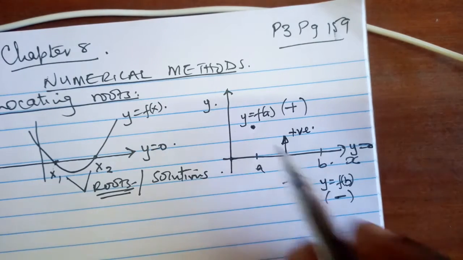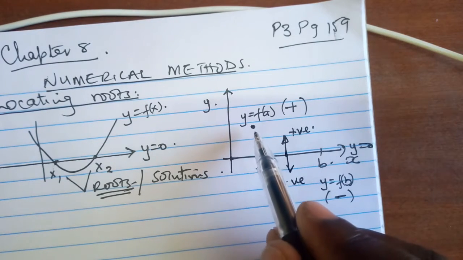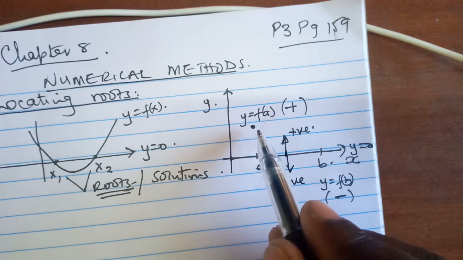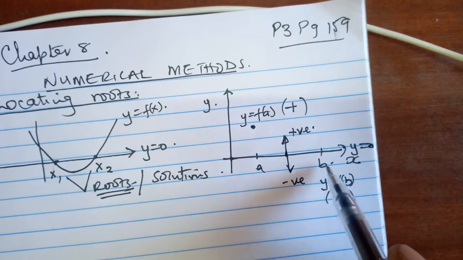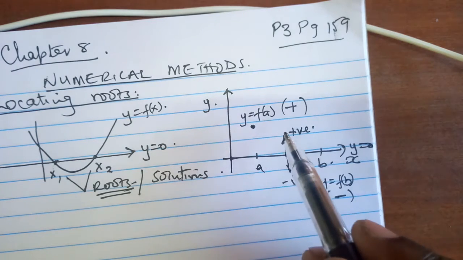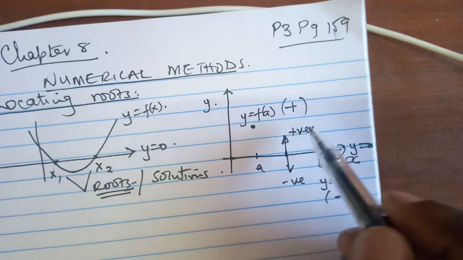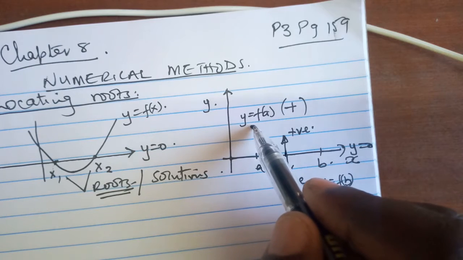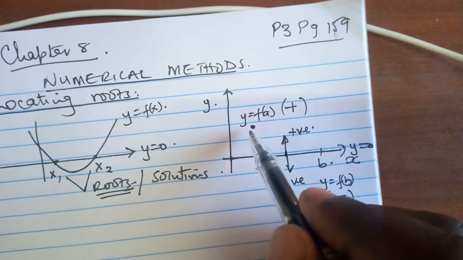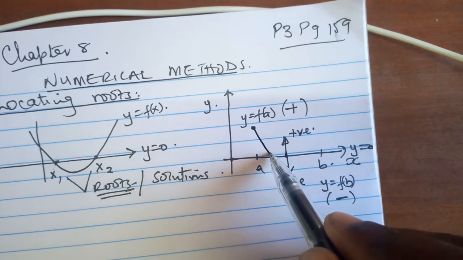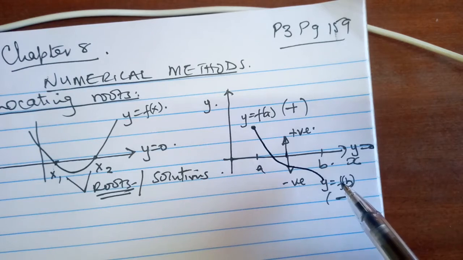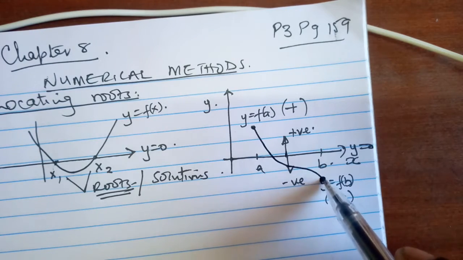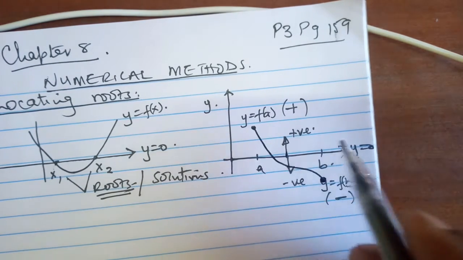So it happens that when we have f(a) being positive, and probably f(b) being negative, and the function is continuous, regardless of the shape, it could even have some shape like this, that is f(b), and this is f(a).